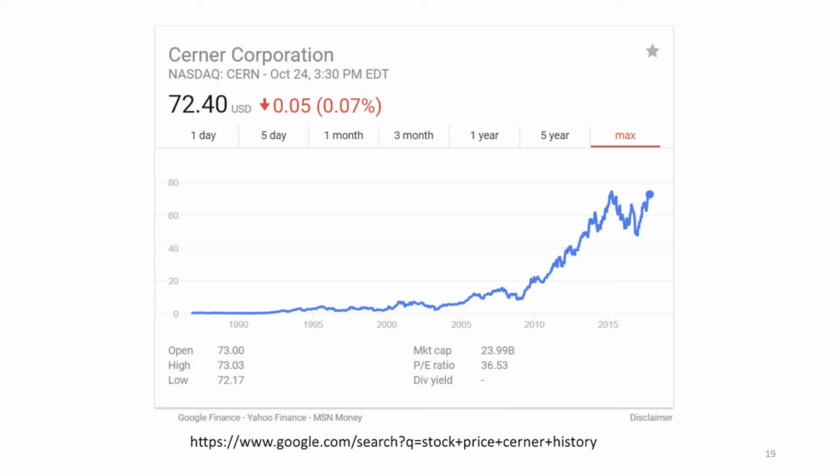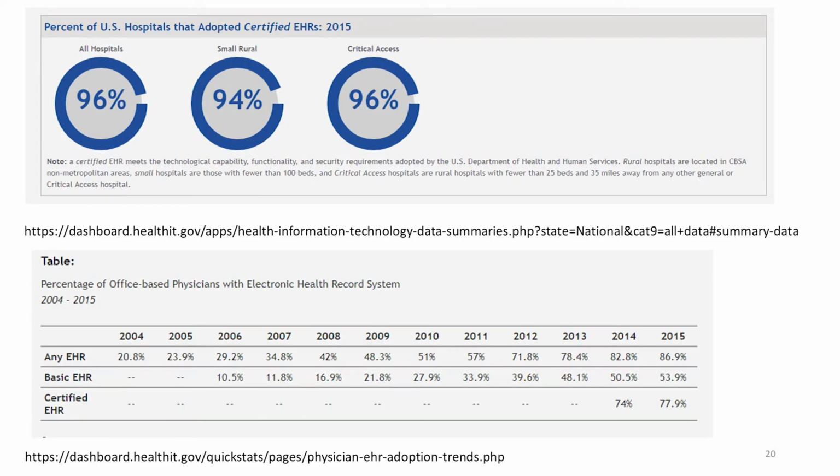As hospitals bought more products, the stock price went up. So 2008 is really when we started to have pretty good penetration of electronic health records in most US hospitals.